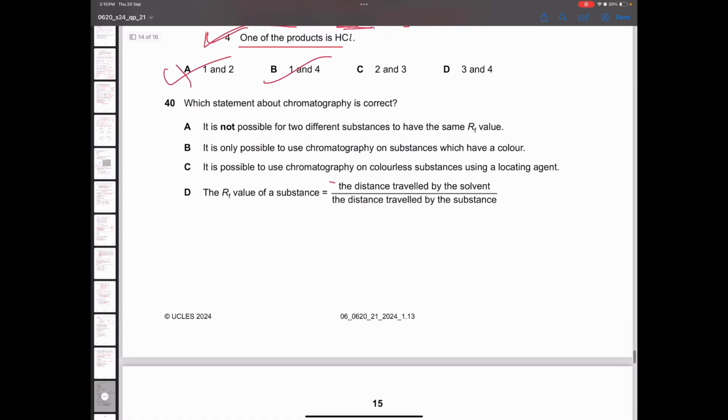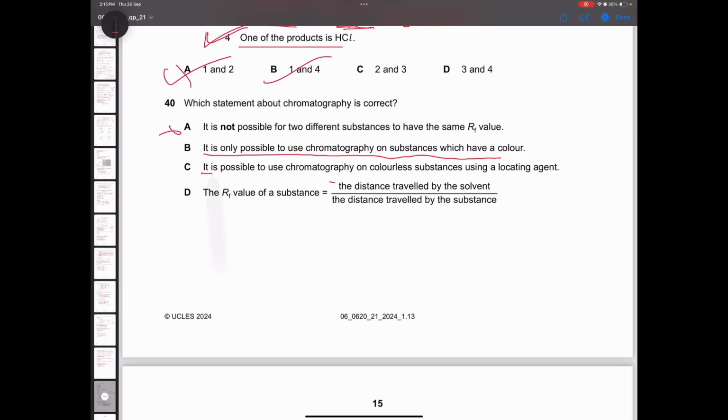Which statement about chromatography is correct? It is not possible for two different substances to have the same Rf value. No, it is possible. It is only possible to use chromatography on substances which have a color. No, it can also be used for proteins, amino acids, which do not show color, but you can simply spray locating agents onto them to obtain the color.